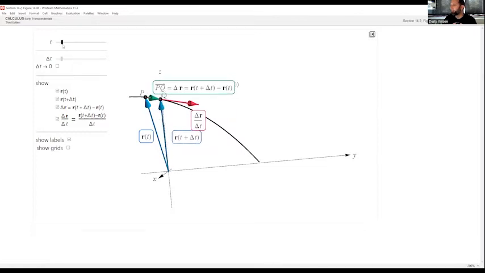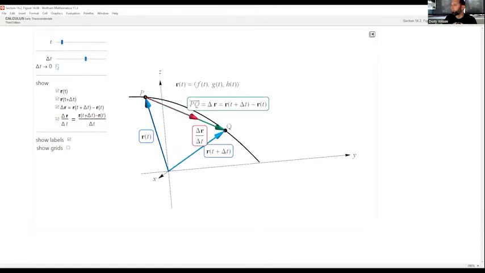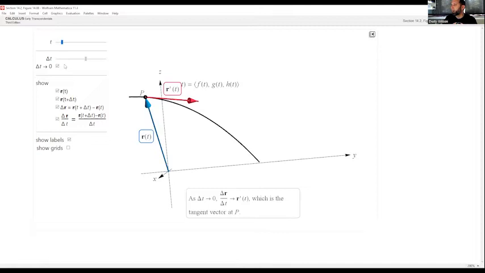That's because you're dividing it by a smaller and smaller quantity. And you'll notice that the red vector now looks like it is tangent to the curve. We could see this more clearly. We could say, well, what happens when h approaches 0 or delta t approaches 0? And you would get just this r prime of t vector out the back end. So this is the tangent vector at P.